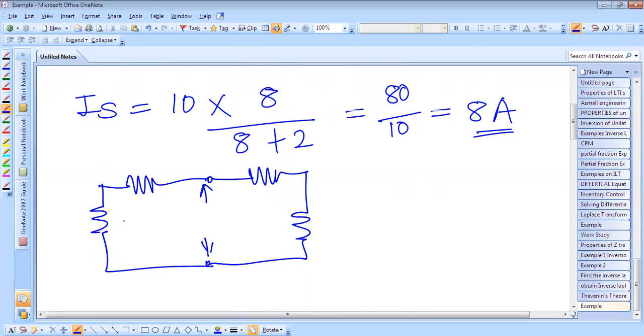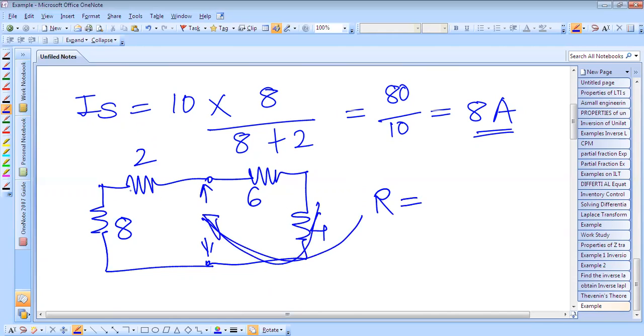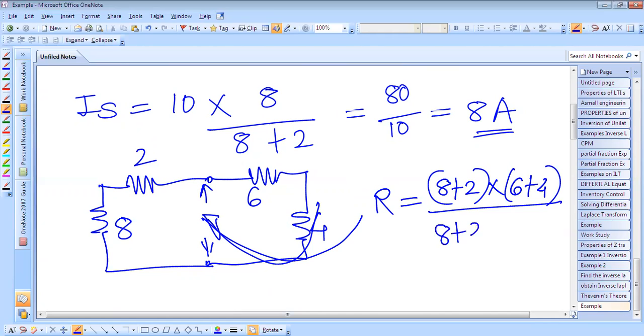So this is 8 ohm, this is 2 ohm, this is 6 and 4. The resistance we have to find by looking from this terminal. So we can say that it is 8 plus 2 into 6 plus 4 divided by 8 plus 2 plus 6 plus 4.